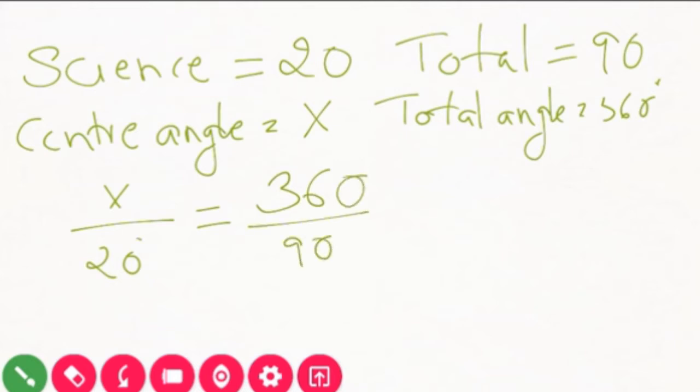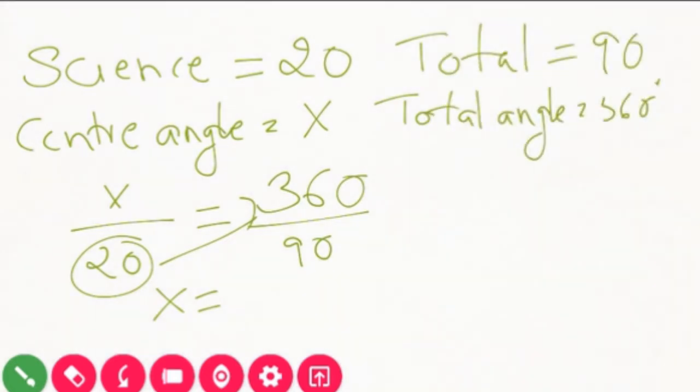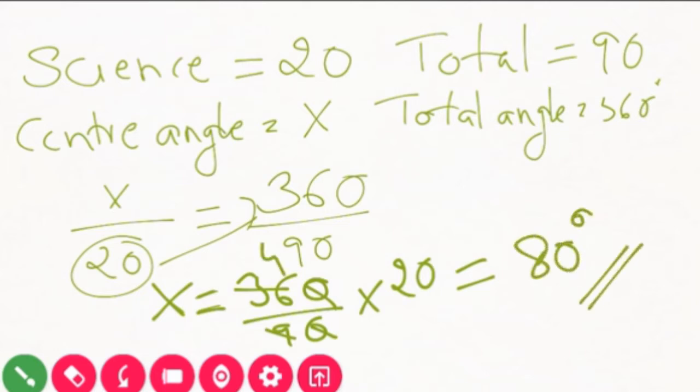This comes to this side, and x is equal to 360 divided by 90 into 20. That is equal to how much? 1 ja 4 ja, that means 80 degrees. That means the angle corresponding to science students is 80 degrees.